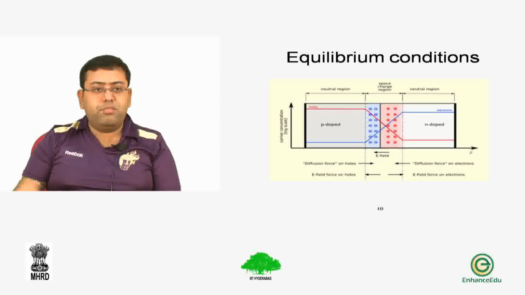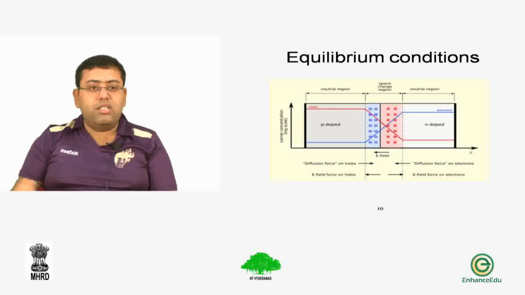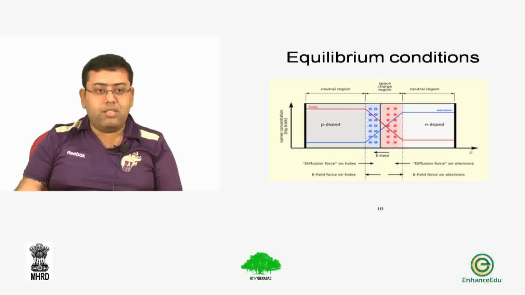So this is basically the profile of the depletion region. As you can see, the depletion region is depleted of charge carriers like electrons or holes. However, we basically have some immobile positively charged and negatively charged ions left behind.